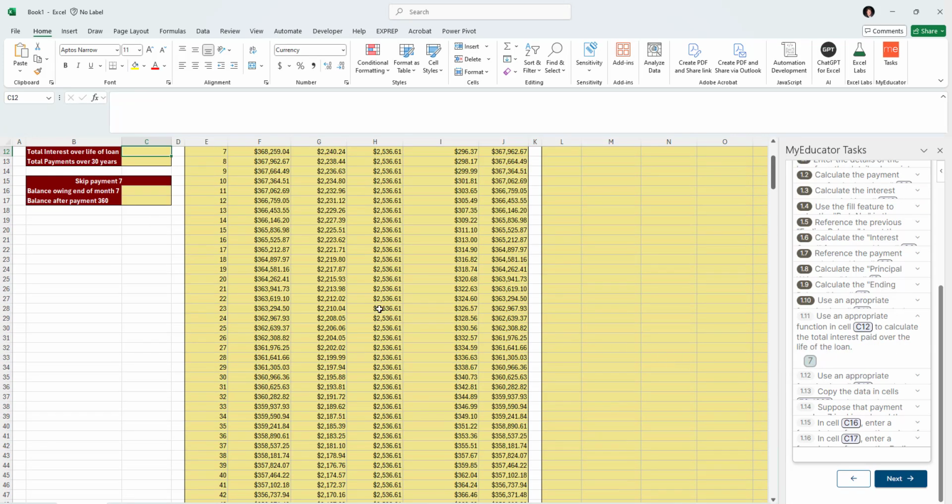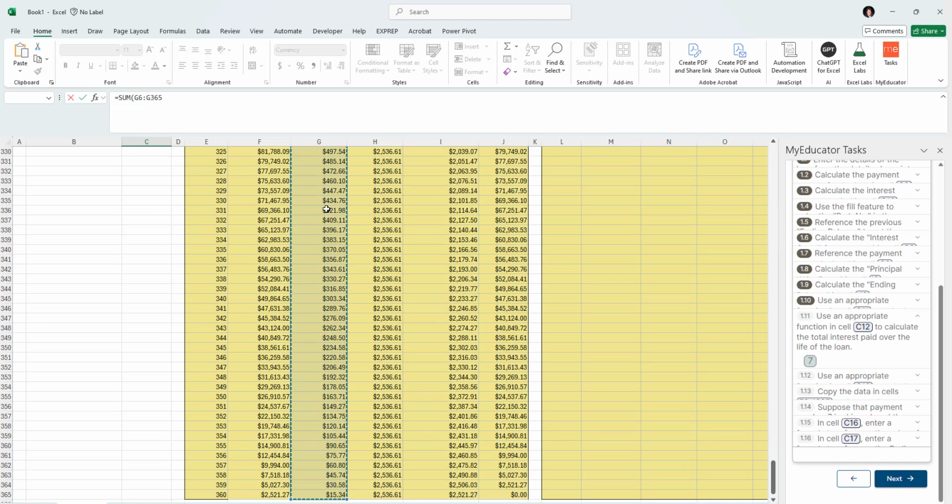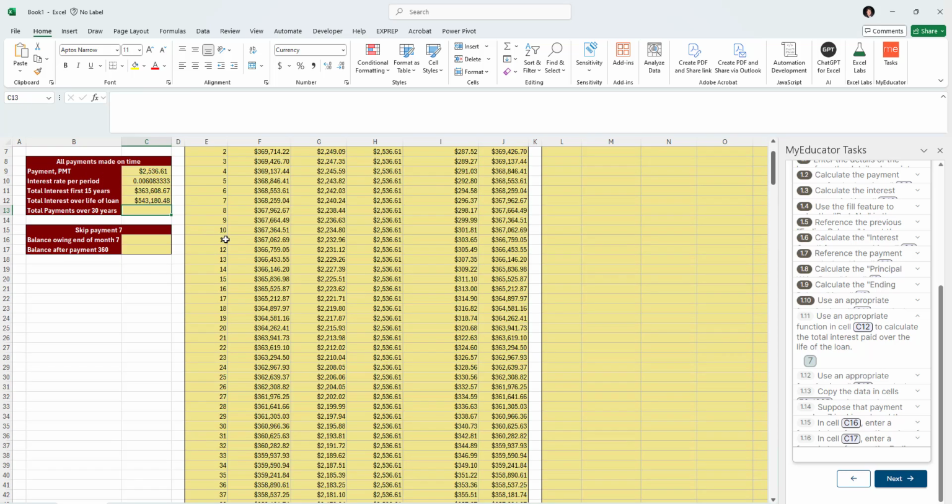Calculate the total interest over the life of the loan. And once again, this needs a sum function. And I agree that there are other ways to do that, but this is how it wants it.